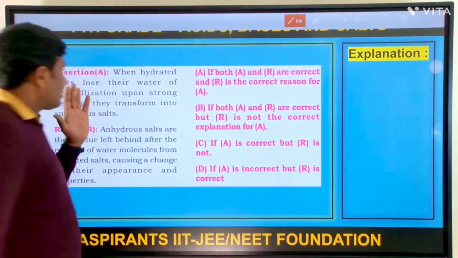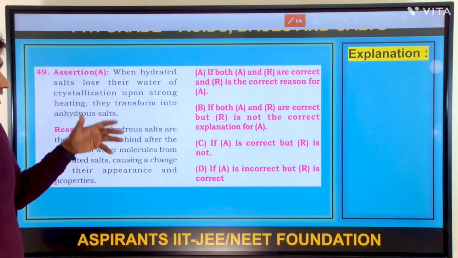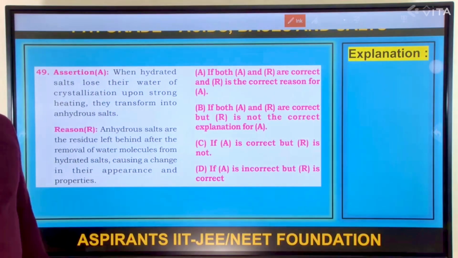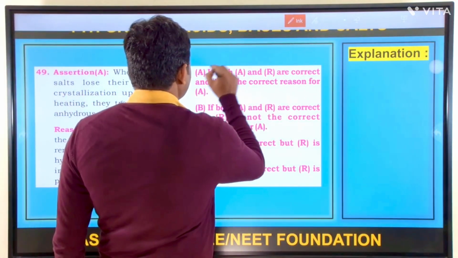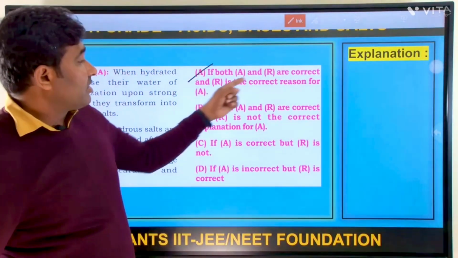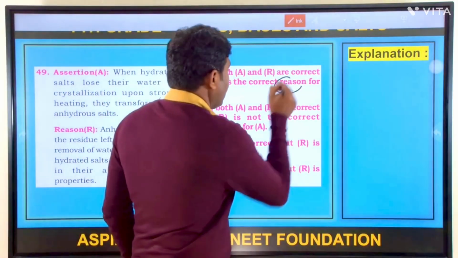Yes. The first sentence is correct, and the second sentence gives the correct explanation for the first one. So here also option A is correct: assertion and reason both are correct, and the reason is the correct explanation for the assertion.